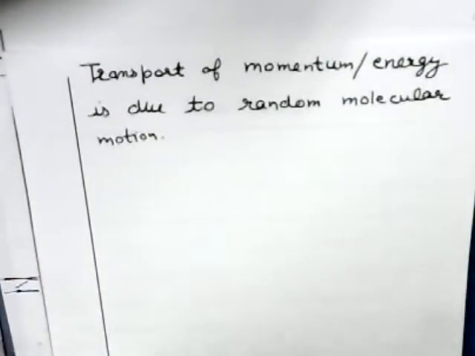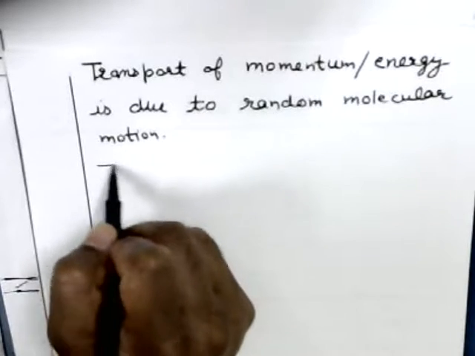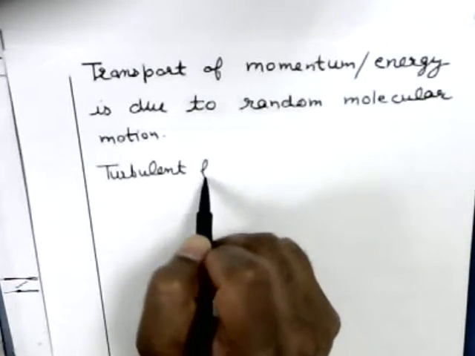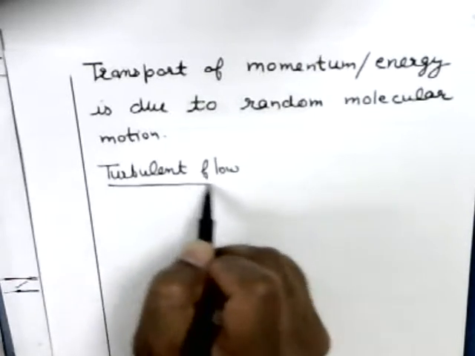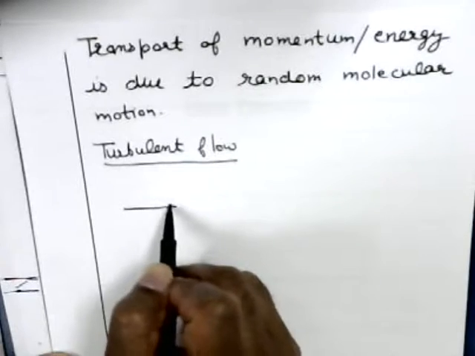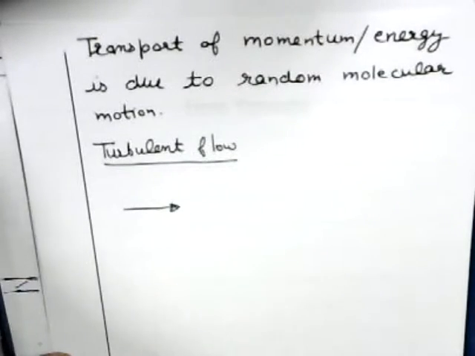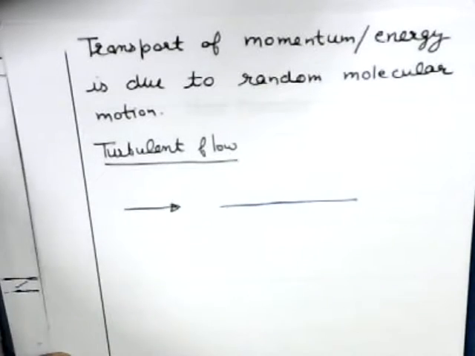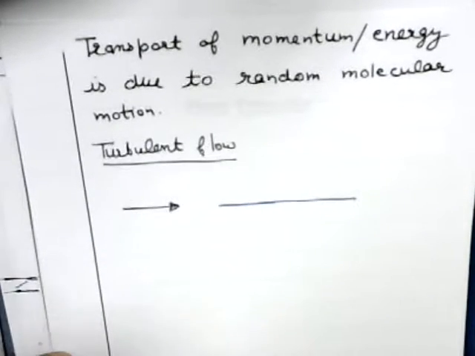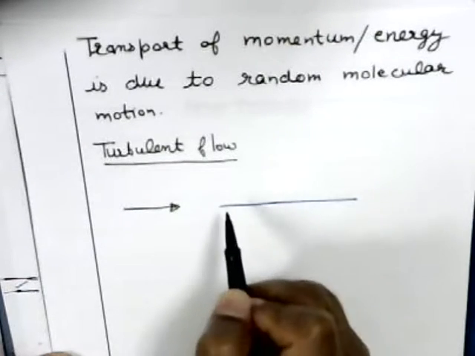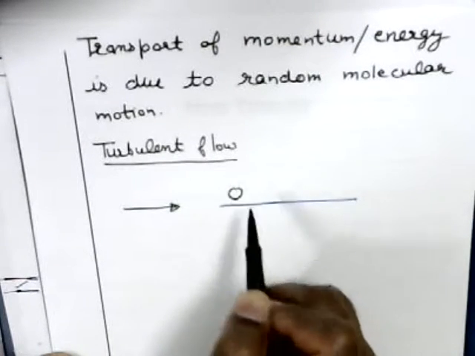But when the flow is not laminar but turbulent, let us say the main direction of flow is in this direction, and again I draw a plane. Now the parcels of fluid, those macroscopic chunks, are moving randomly, and consider a fluid particle here.